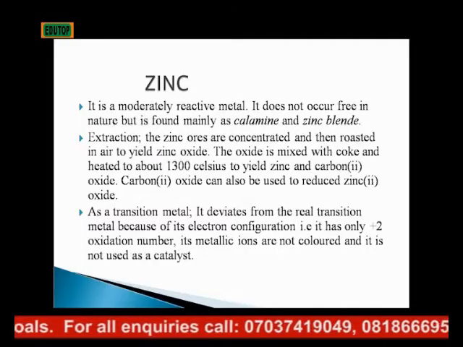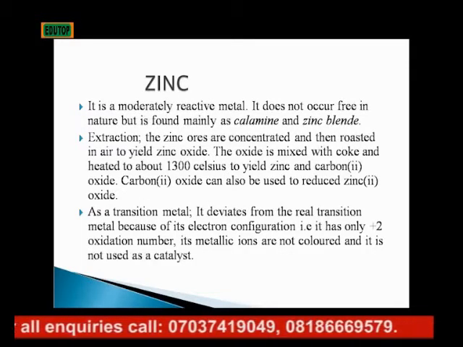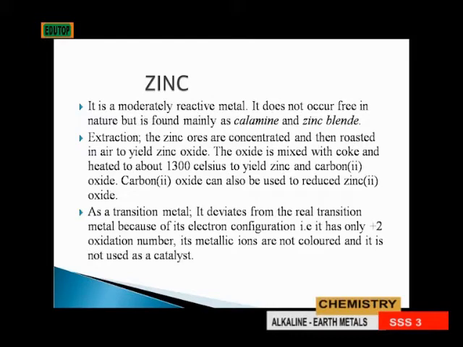Zinc is a transition metal, but it deviates from the real transition metals because of its electron configuration. It has only a +2 oxidation number, its metallic ions are not colored, and it is not used as a catalyst.